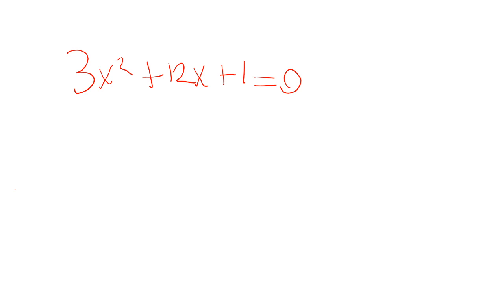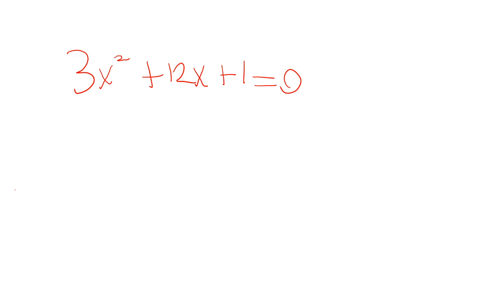Here we know how to solve quadratics by completing the square when the coefficient of the quadratic term is 1. Since it's an equation, we can manipulate it by dividing every single term, and here's where the special manipulation comes in.